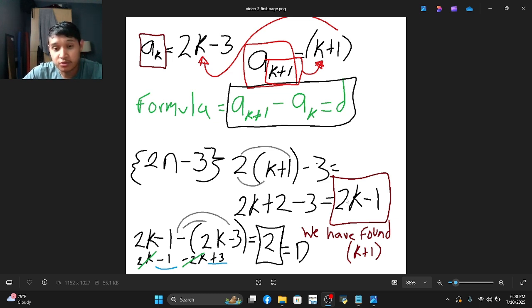So it will be 2k minus 1, because 2 minus 3, if the first number is smaller and you're subtracting a bigger number, the result will be negative.